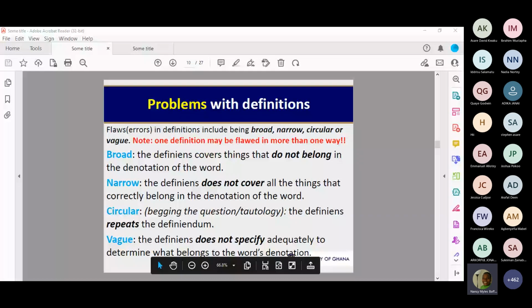You don't know a bachelor. Look at what? An unmarried adult male, period. If you don't know bachelor, look at an unmarried adult male. So when we are defining and we say a bachelor is an unmarried adult male, it means that I don't know bachelor, but I know an unmarried adult male. So you are telling me that if you look at an unmarried adult male, it is just the same as that thing that you say you don't know, bachelor. So now you know bachelor.